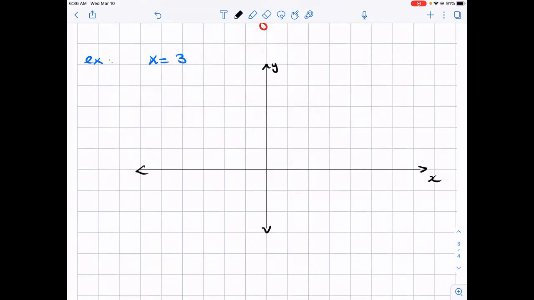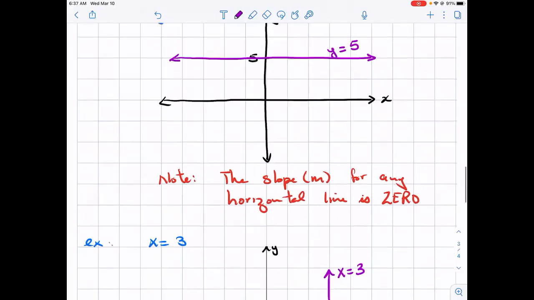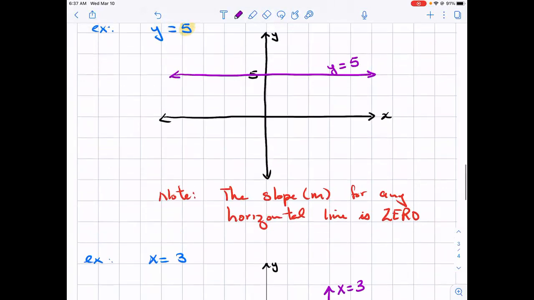So let's say here is the point 3. It will be a vertical line passing through that point 3. And this will be x equals 3. Now, the slope m here is undefined.